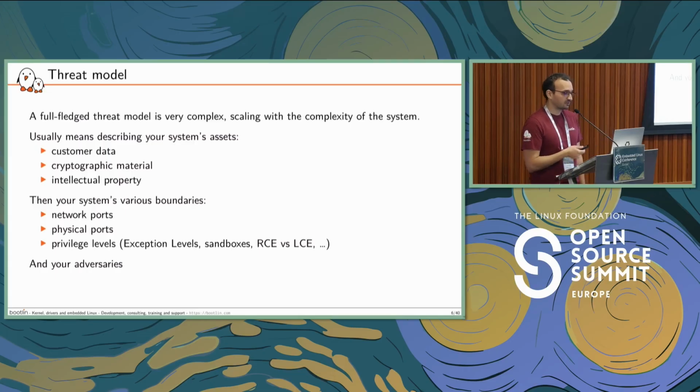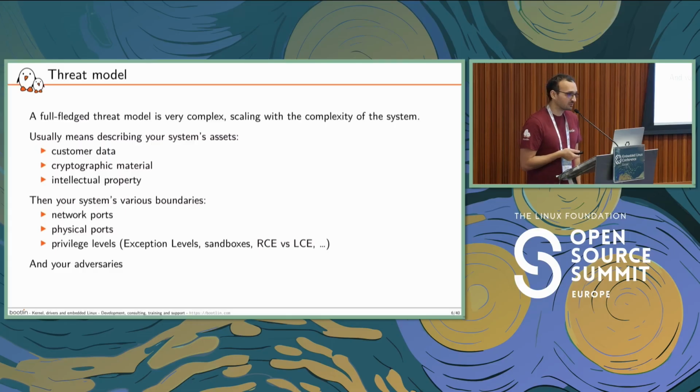And crypto material is just a way to safeguard the rest of your system, right? And then your threat model should take into account the various levels of privileges, because that's what you're going to want to isolate from each other. And then what you really should care about is your adversaries. It's who you expect to be trying to take a shot at your system.